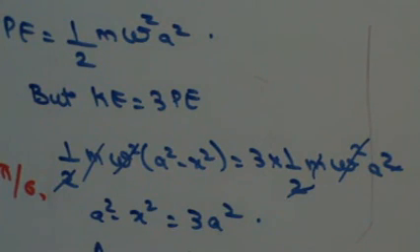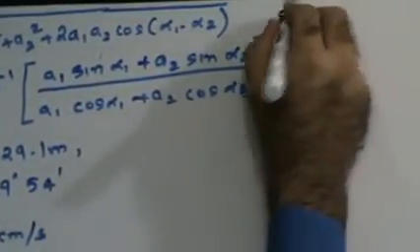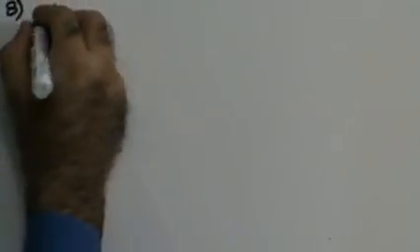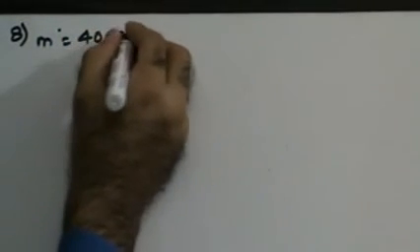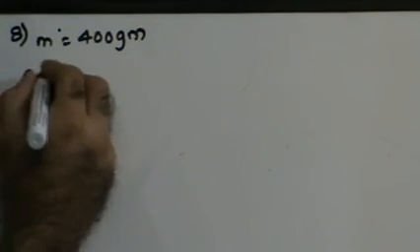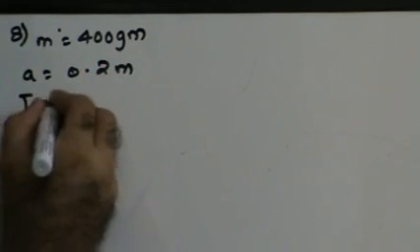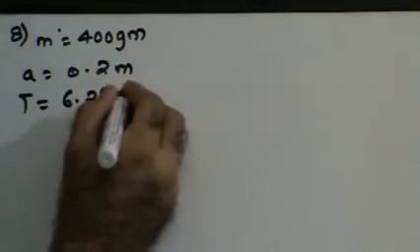A particle of mass 400 grams performs an SHM of amplitude 0.2 meters and the period is 6.28 seconds.